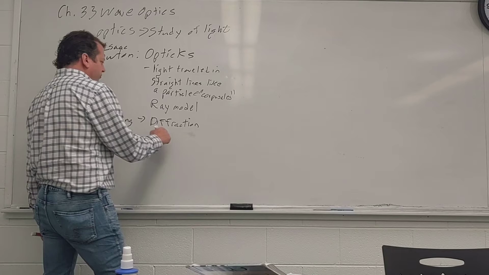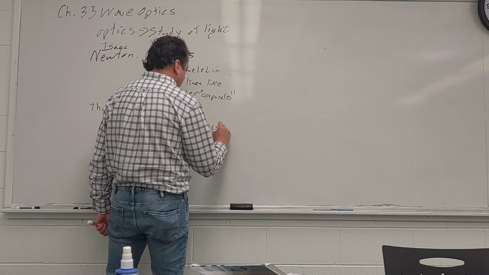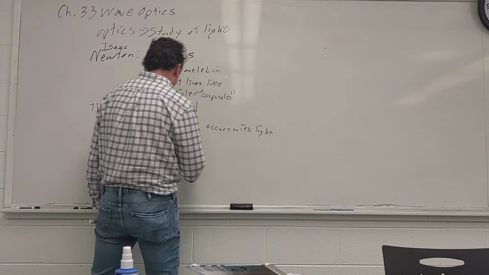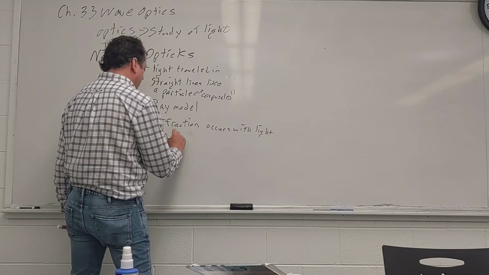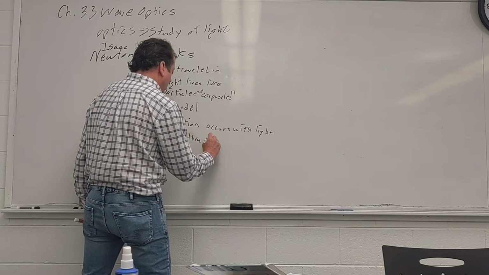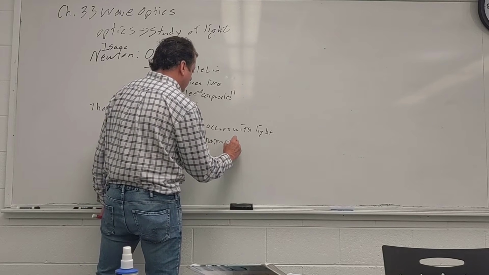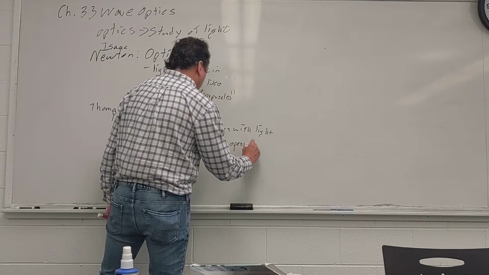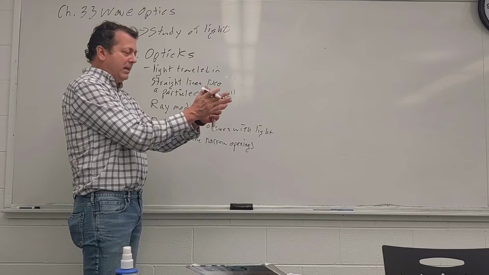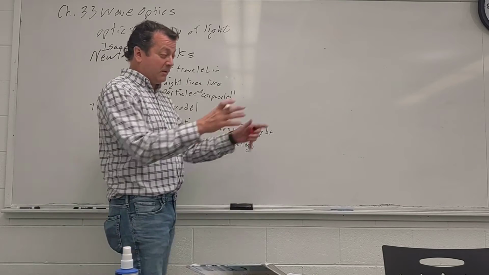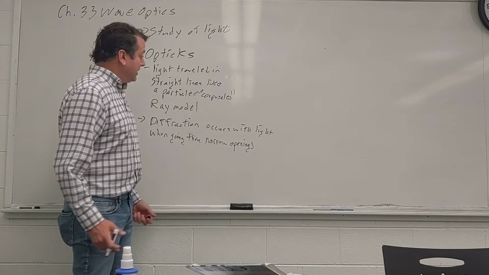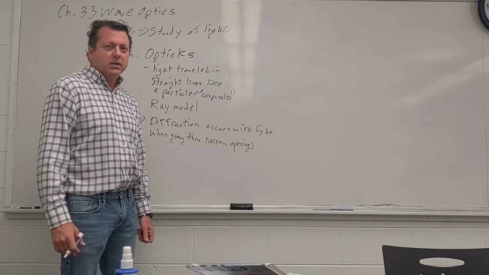Diffraction occurs with light when going through narrow openings. With narrow openings, light acts a little funny. A light beam going straight out gets spread apart, and sometimes there are gaps in that spreading of the light. What the heck causes that? You can't explain that using the ray model.